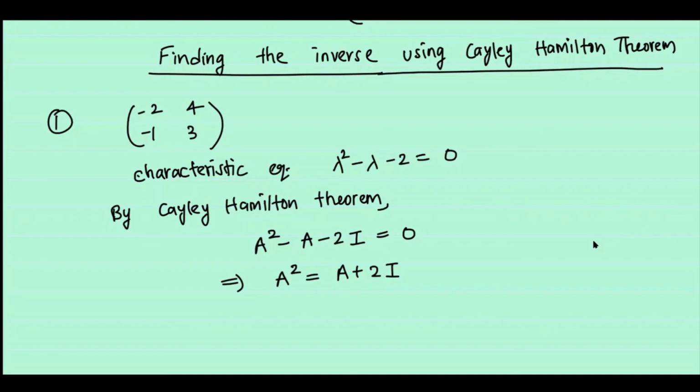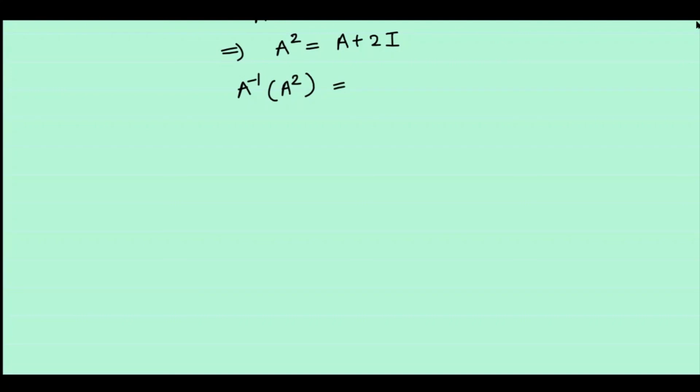Now our aim is to find the inverse of A. For this, multiply both sides with A inverse. Multiplying both sides with A inverse, we will get A inverse A square equal to A inverse A plus 2I.